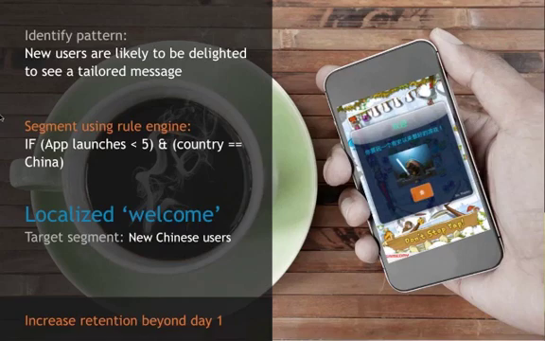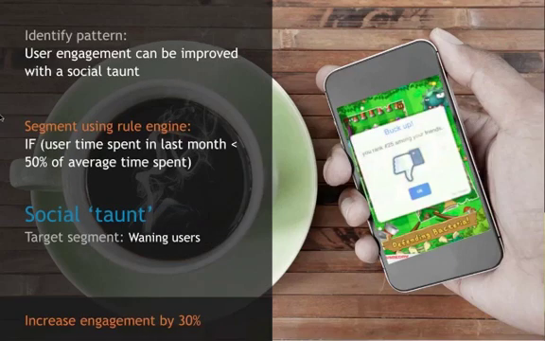The second identified pattern in the industry is that user engagement can drastically be improved by social mechanisms. Again, an example of this is to use a segmentation rule engine to figure out which of your users were maybe spending a lot of time and are recently not spending a lot of time.